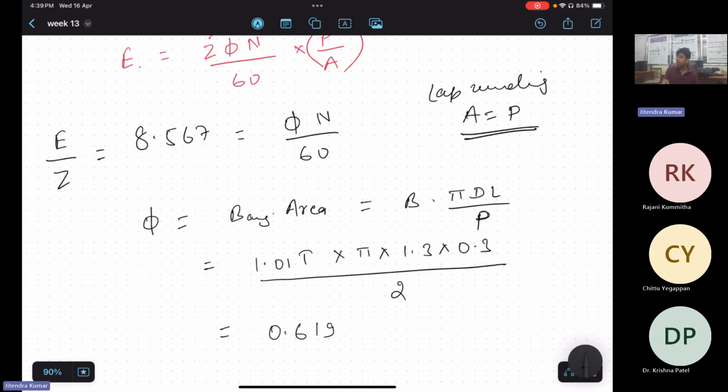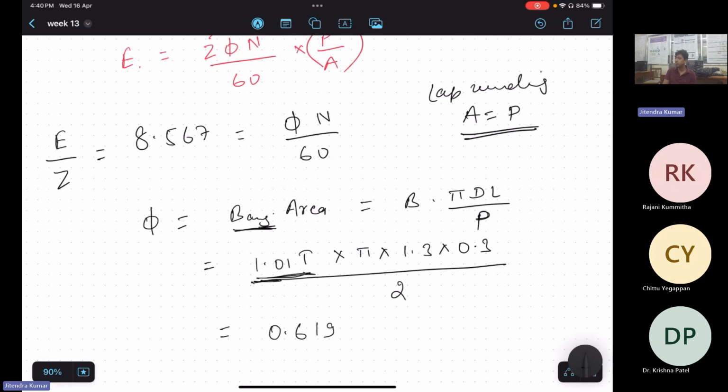So we also have to multiply by the form factor. Why? Because this 1.01 Tesla is not the average, it is the maximum.